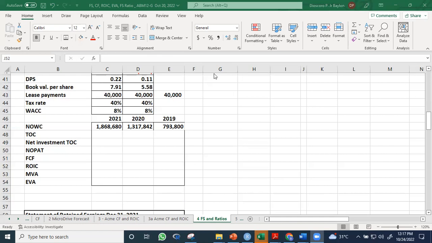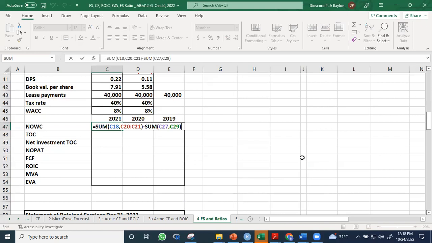Formula, okay. NOWC is your operating current assets minus operating current liabilities. So hindi natin sinasama yung non-operating current assets. Hindi natin sinama si short-term investment. Hindi natin sinama si notes payable.